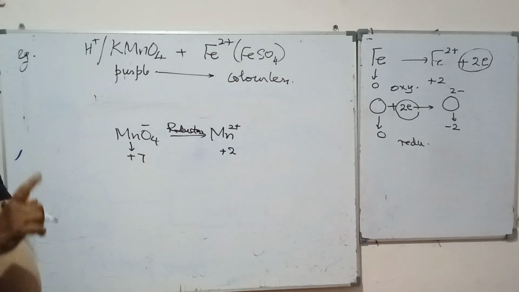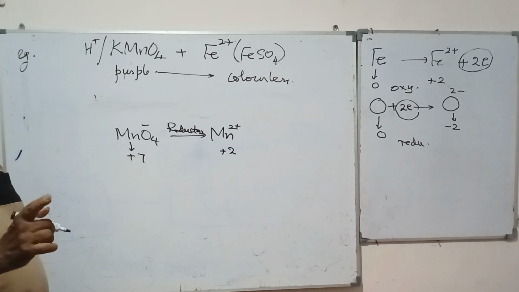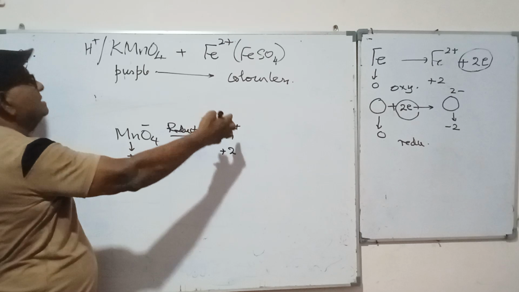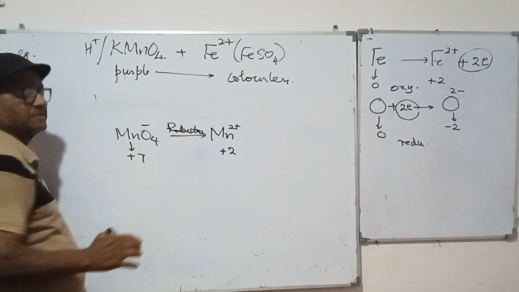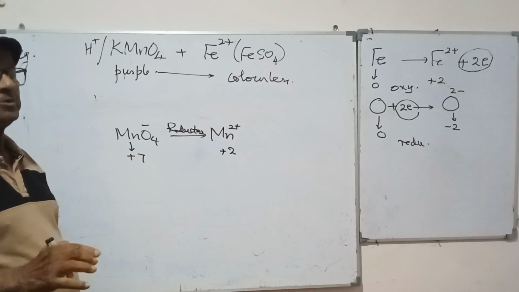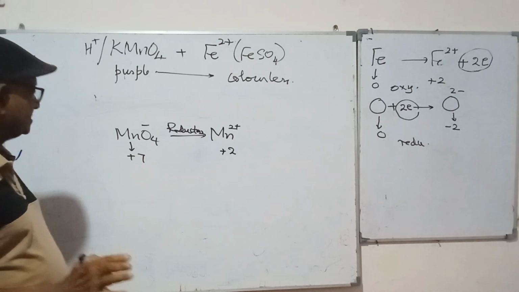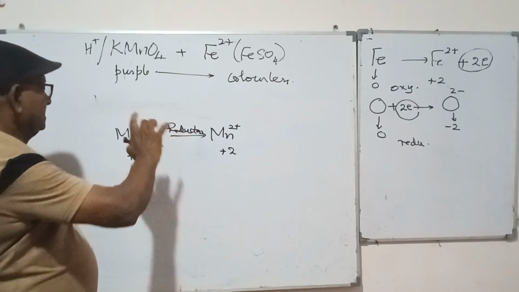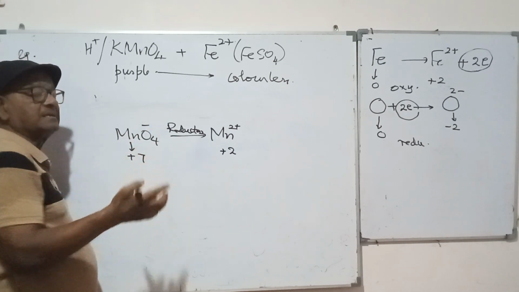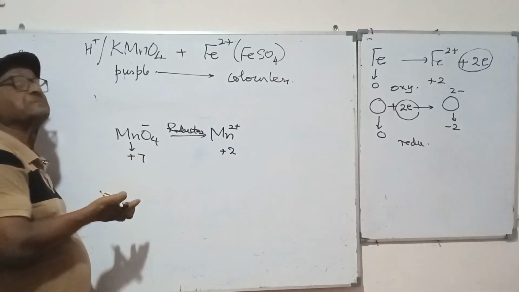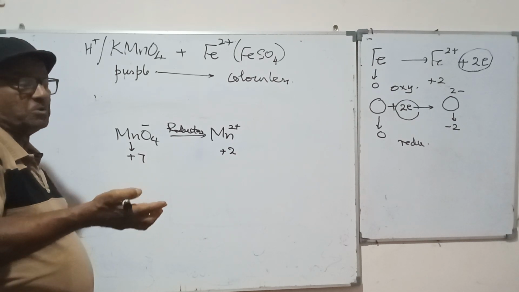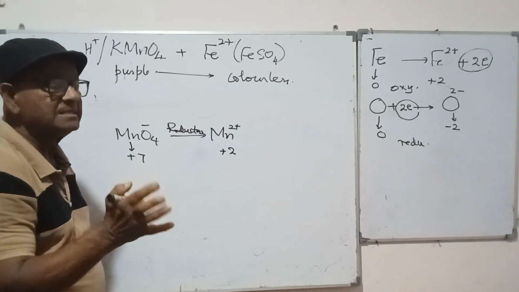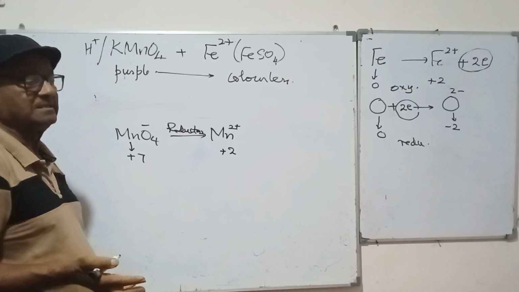According to the color change, you must always know that MnO4 minus should be reduced to form Mn2 plus if it is purple to colorless. But you must know that MnO4 minus is unable to oxidize, because in MnO4 minus, Mn is at the highest oxidation state, plus 7. Then it has the ability to decrease but never increase. Right?